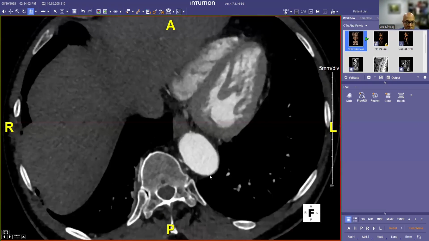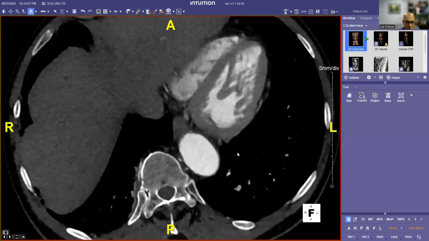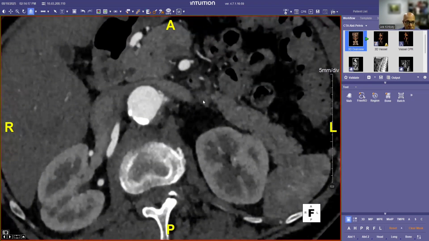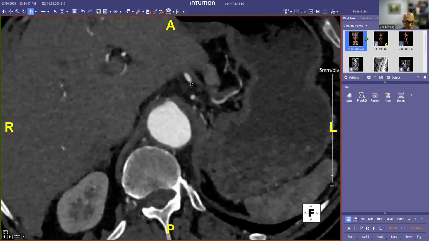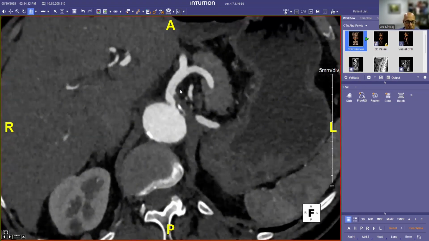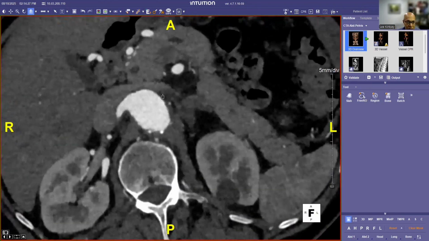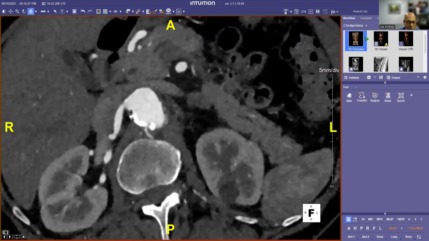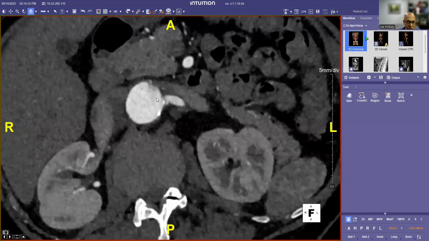Then we can see, as one makes our way through the chest, the right lung, the left lung, and then we enter the abdomen with important blood vessels that originate from the anterior aspect of the abdomen: the celiac trunk, the superior mesenteric artery, and here are the arteries to the kidneys, the right renal artery and the left renal artery.